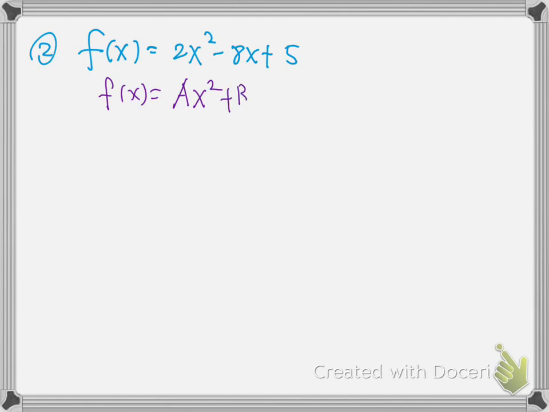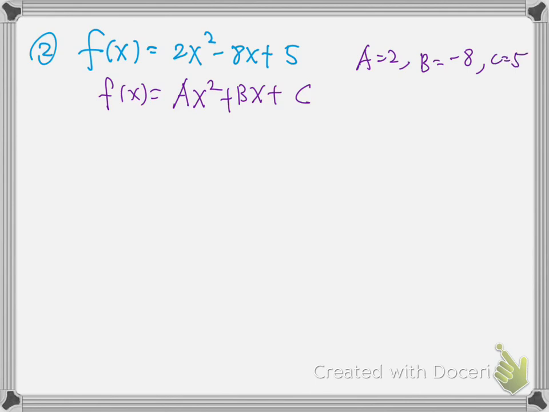So number 2, f of x is 2x squared minus 8x plus 5, right? So now the corresponding formula, f of x is a x squared plus b x plus c. So now we got a is 2, b is -8, and c is 5.